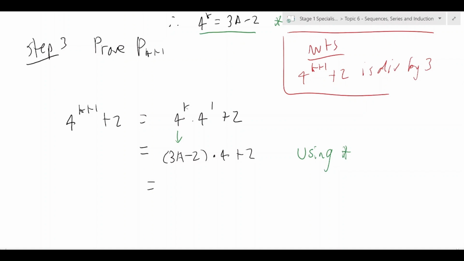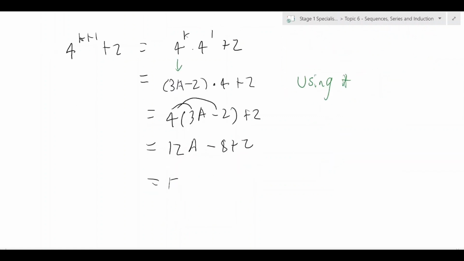So I might write this 4 out the front. We'll expand it in. So 12a take 8 plus 2, which is 12a take 6. And what I'm actually going to do is pull a factor of 3 out here. So this is 3 lots of 4a take 2.